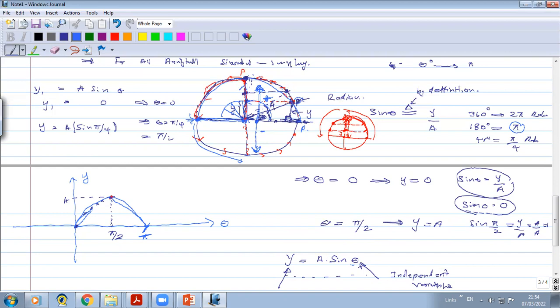So you can see that this same point is traveling from here to here to here. Now you can see that if the point is here, the y is like this. And if the point is here, the y is like this. If the point is here, y is exactly on this axis. So when the point is traveling from here to here, this y is increasing to this direction, that is minus direction.